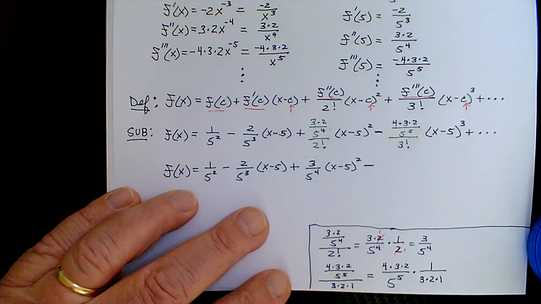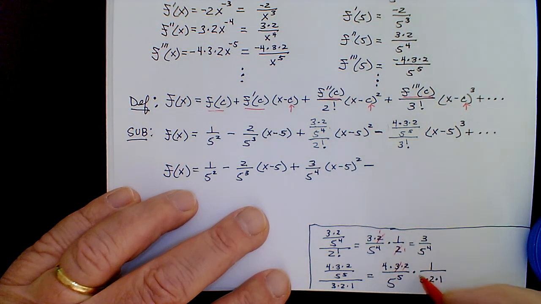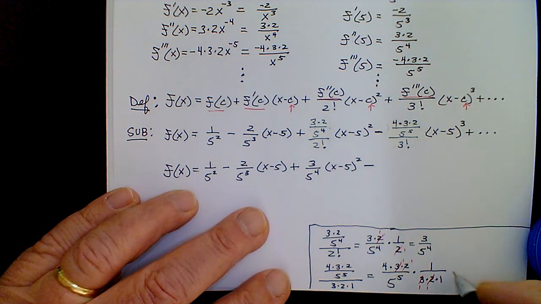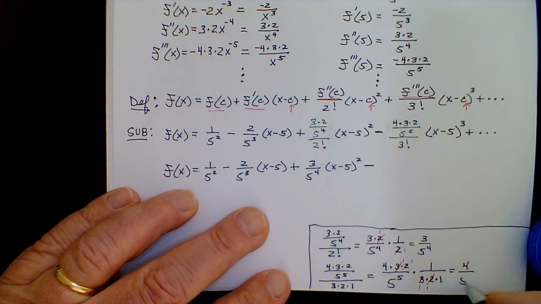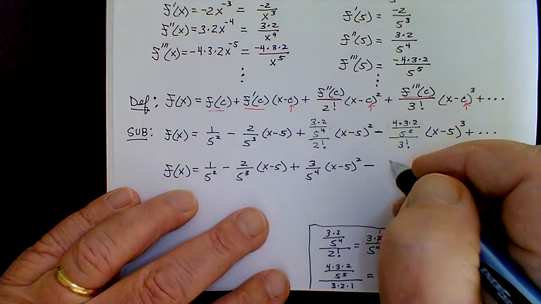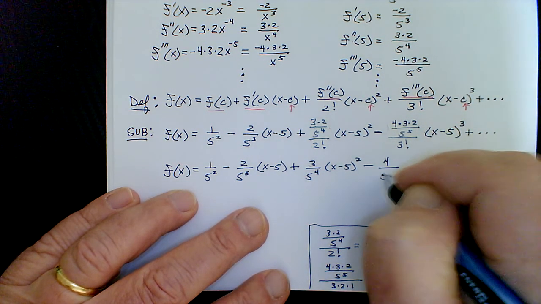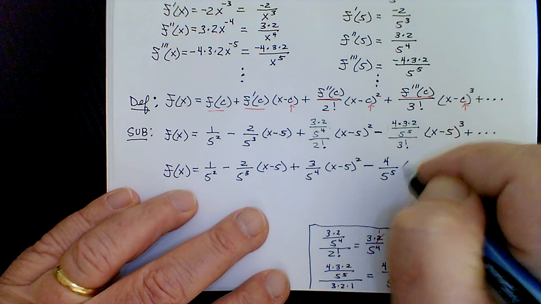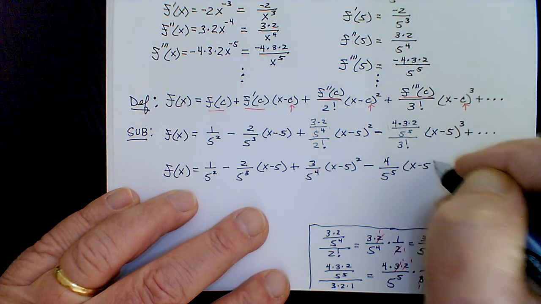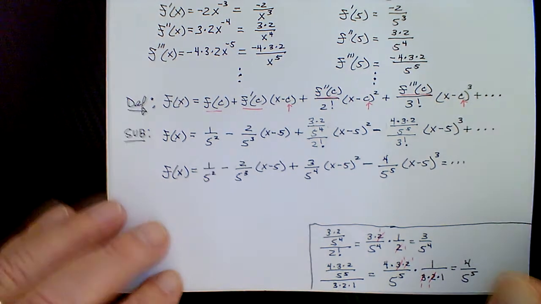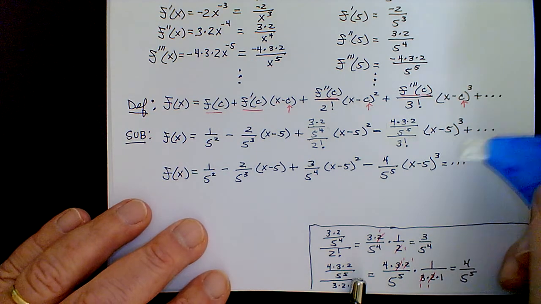And now we can notice that the 3's and the 2's both cancel. And so we just get 4 over 5 to the fifth. So this now becomes minus 4 over 5 to the fifth, and then times x minus 5 quantity cubed. That goes on forever. Plus, it should be not equals there.